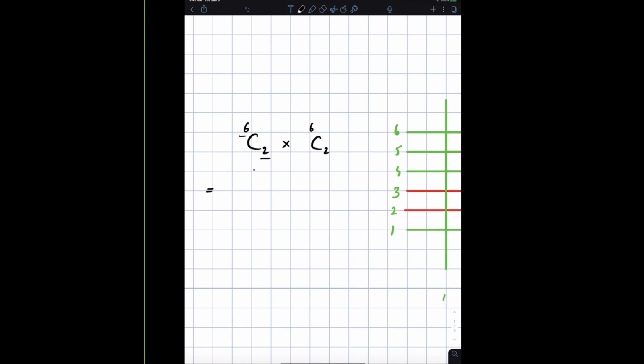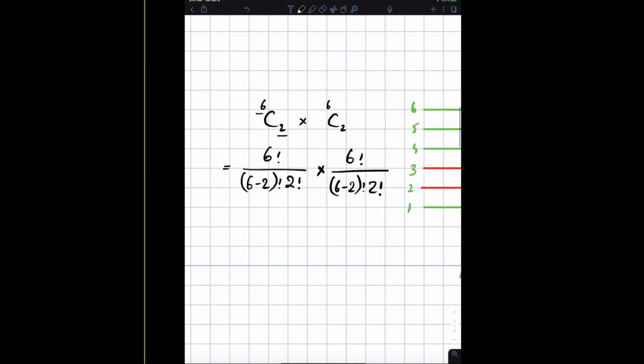So there is a way to expand this. You can write this out as 6 factorial divided by (6 minus 2) factorial times 2 factorial, multiplied by 6 factorial divided by (6 minus 2) factorial times 2 factorial. And then I'm going to simplify this one right here.